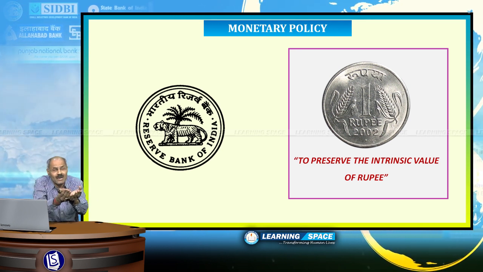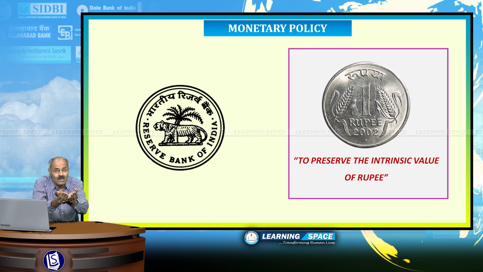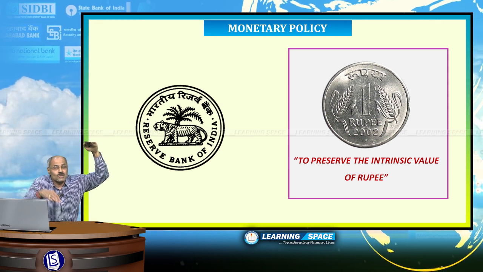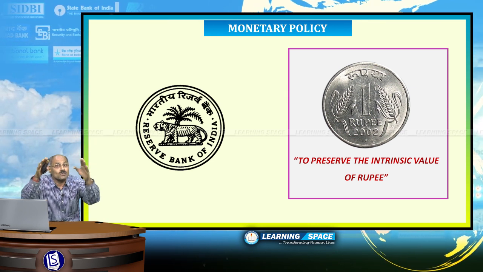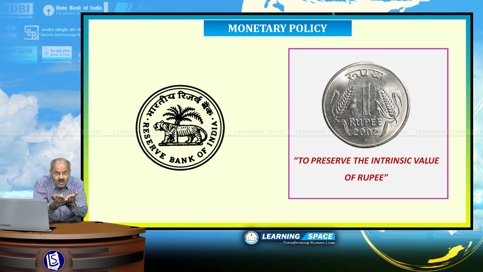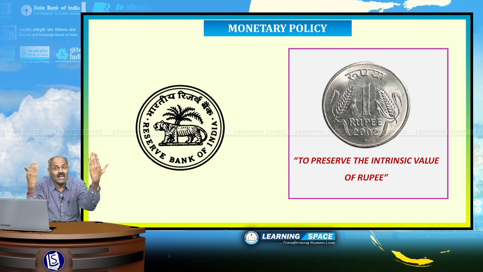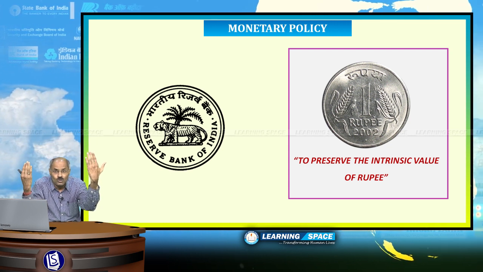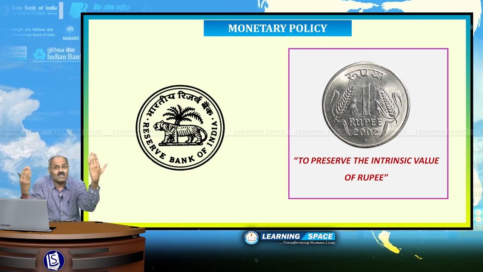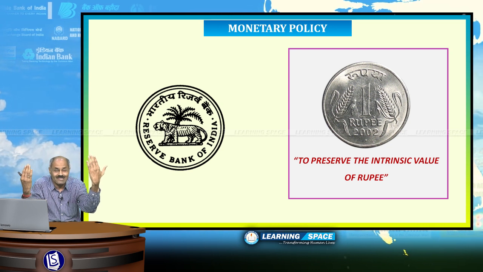The availability of money for circulation in the system should not be too high, should not be too low, it should be reasonable so as to strike a balance between growth and inflation. Growth should be there and inflation is also tolerable up to some extent.